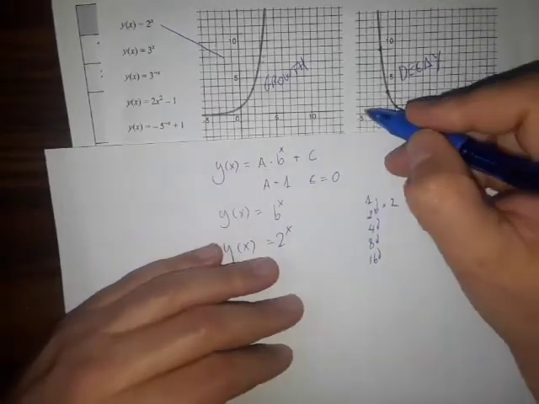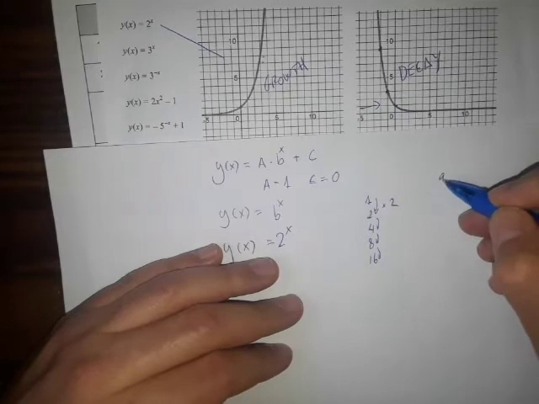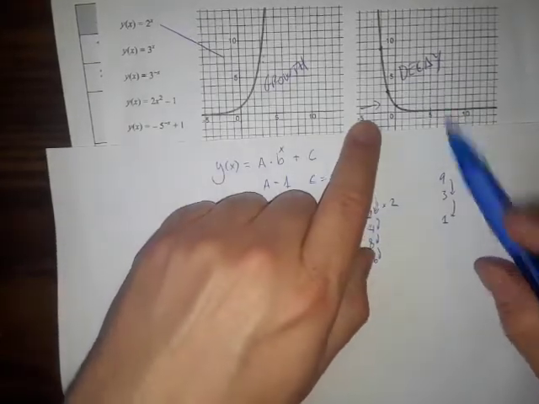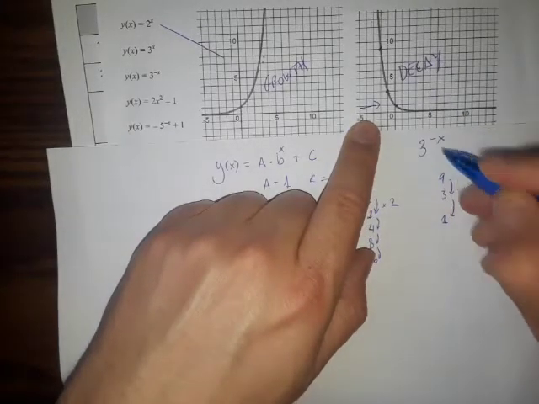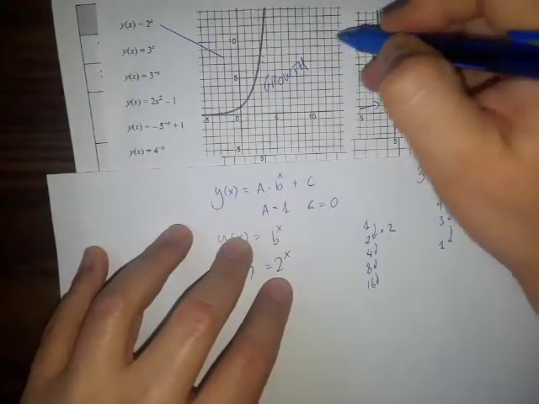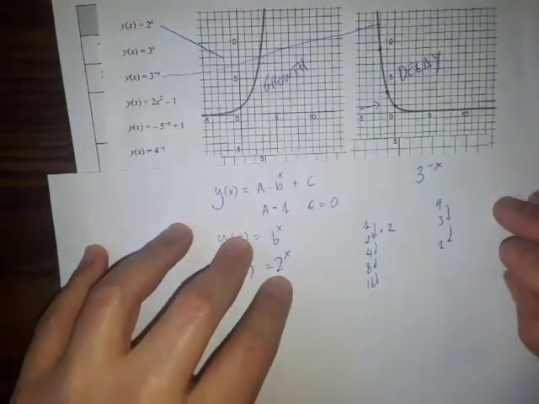Now it's dividing because it goes that direction, so it's 9/3, which is 3/3, which is 1, right? So this is 3 to the negative x. So this is going to be actually this one here, okay?